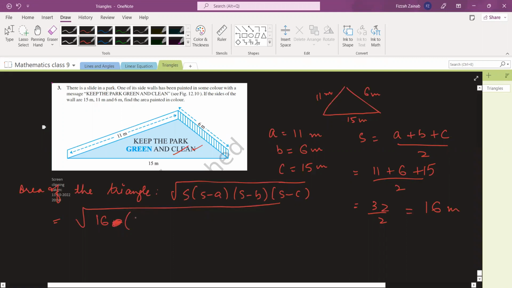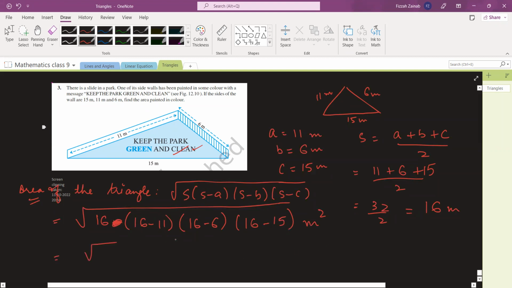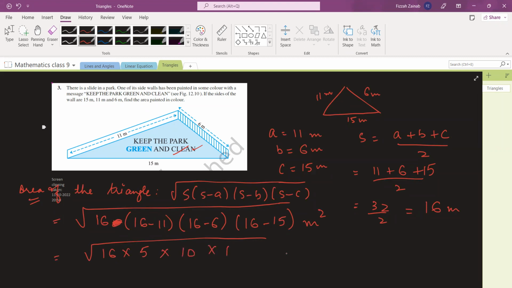So 16 into 16 minus 11, and then 16 minus 6 and 16 minus 15. And here you will get meter square because this is area. I'll tell you how you are getting meter square afterwards. So 16 into 16 minus 11 is 5, 16 minus 6 is 10, and into 1, meter square.